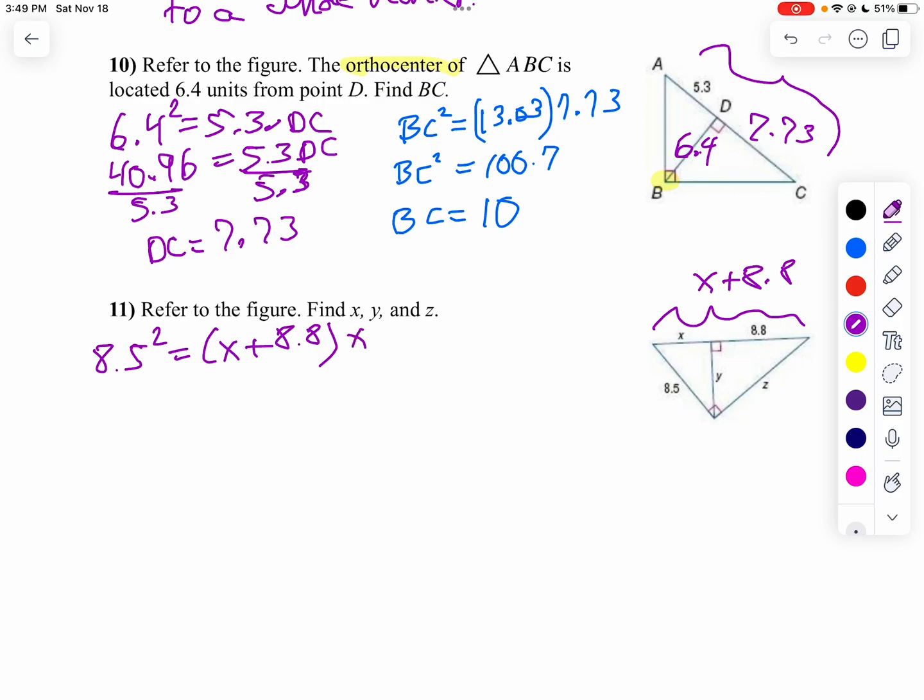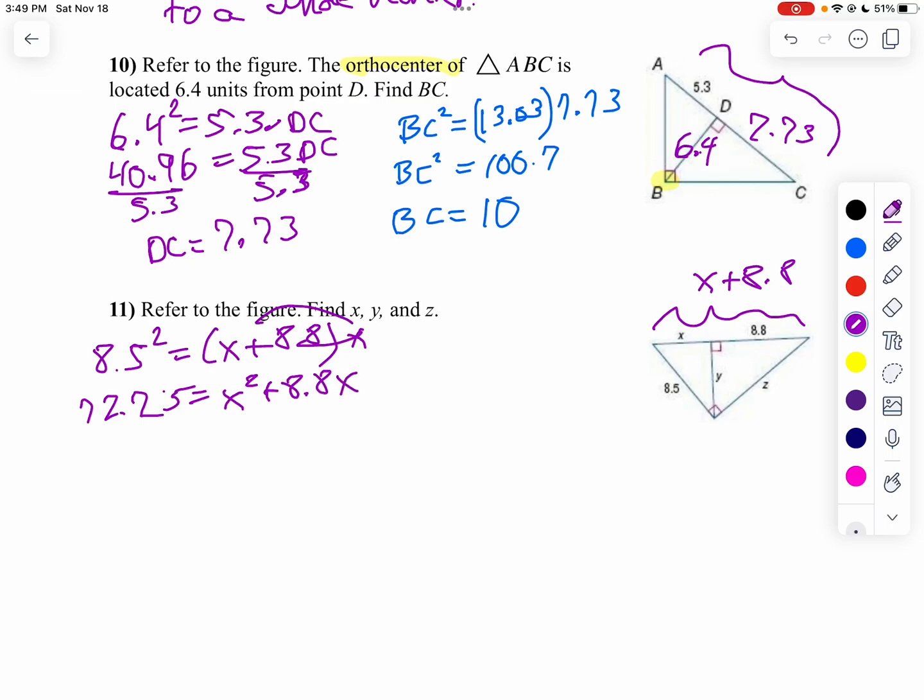So in other words, well, let's take 8.5 and we'll square that. We get 72.25 equals, distribute that, we get x squared plus 8.8x.